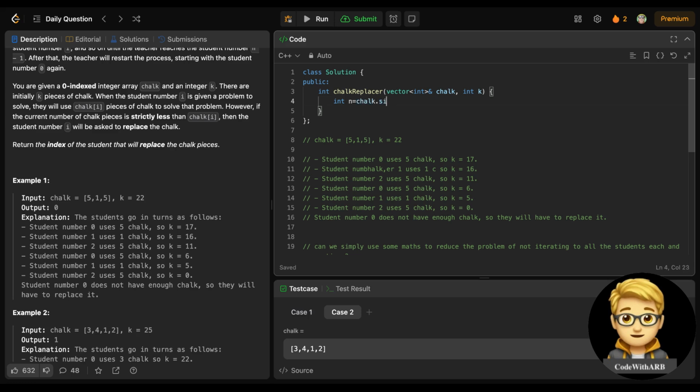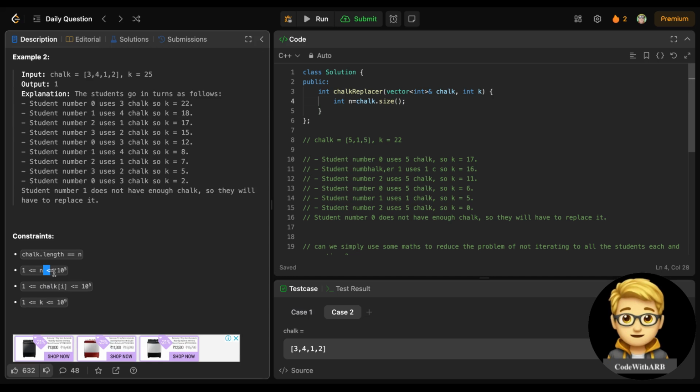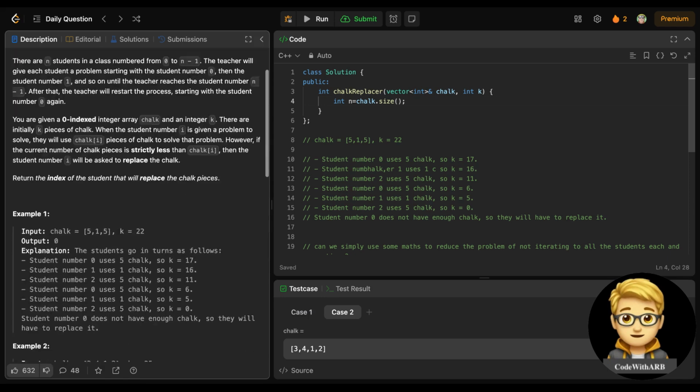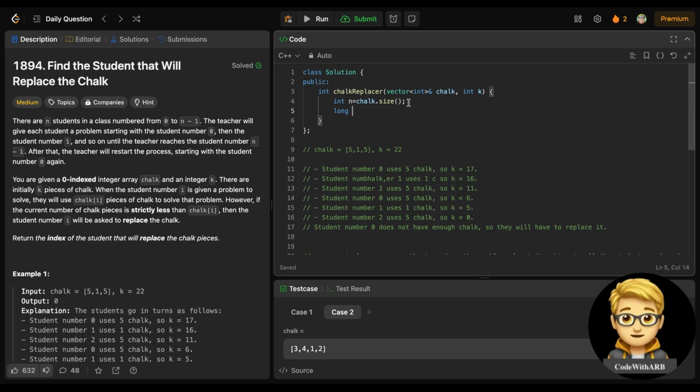Note the constraints properly: n is 10 to the power 5 and chalk[i] is also 10 to the power 5. So when you do the summation, this can go up to 10 to the power 10, which is out of range for int. So we need to use long for the summation so that it does not give a runtime error.